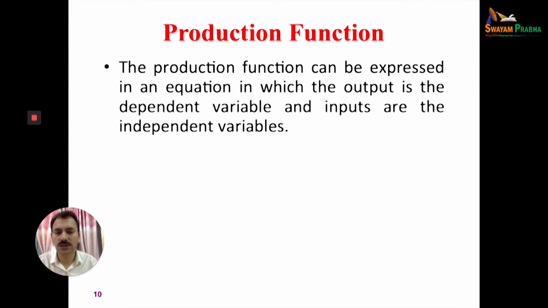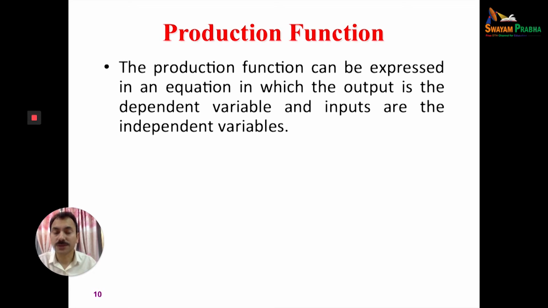According to the Cobb-Douglas production function, labor contributes more than 3/4 of a product, whereas capital only 1/4, but both are very, very important, labor as well as capital. So this can be expressed in an equation.